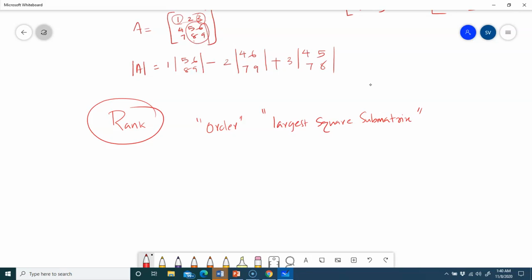Let me explain this concept with some examples. Say for example, I need to find the rank of the matrix A is equal to 1 2 3, I usually always start all matrices with 1 2 3, it's very easy, then 2 3 4 and 0 2 2.